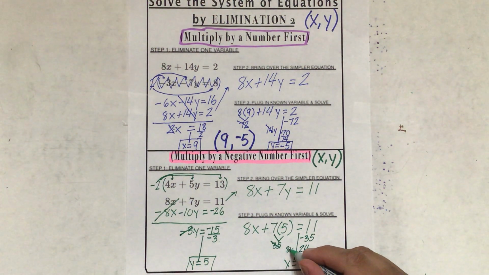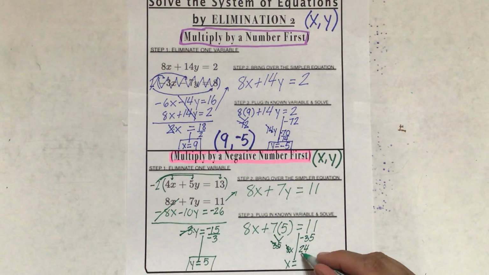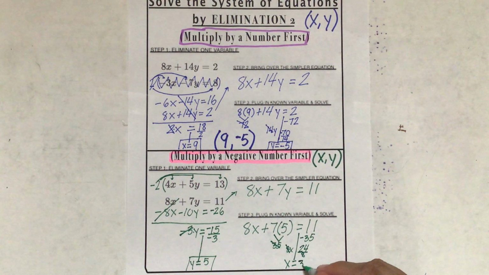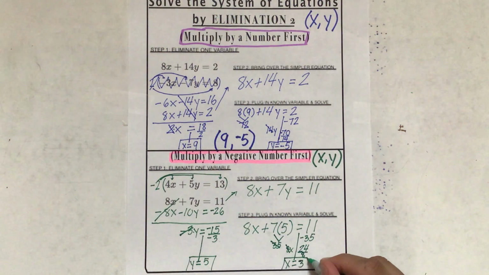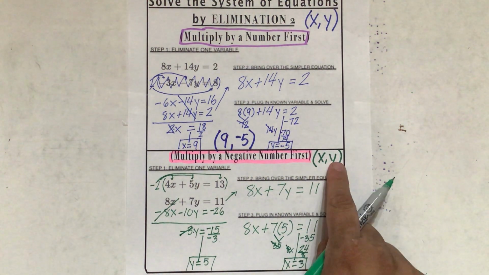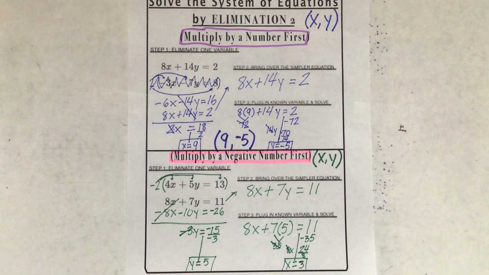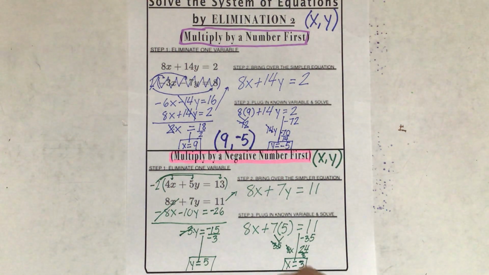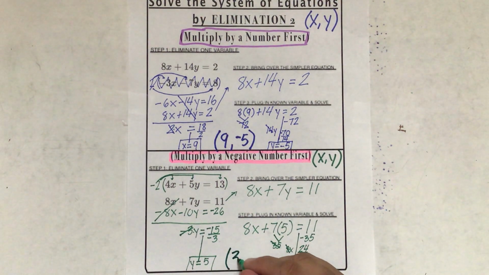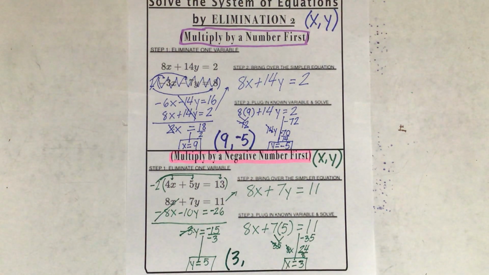And this says 8 times x, so the inverse of multiplying is dividing. 24 divided by 8 is 3. So there's my x. I have my x, I have my y. So my solution, my ordered pair is x is 3, comma. Actually, you know what? This should be a negative x, right?